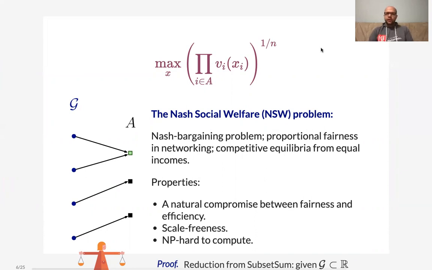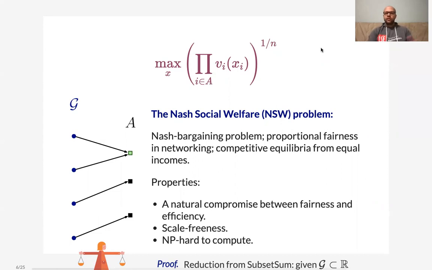So this objective function was introduced in several different concepts. In particular, it was shown by Nash that optimizing such an objective function leads to a unique solution to some kind of bargaining problem. It has also been discovered as a notion of proportional fairness in networking.